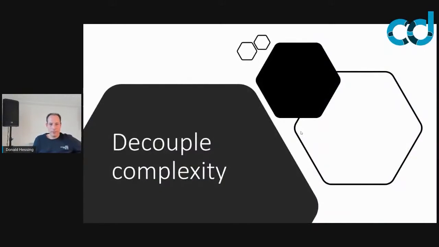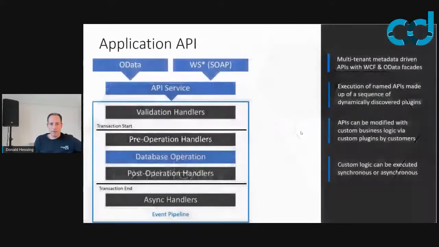So how can we decouple the complexity? What we want to do in an enterprise scale application is not to have the business logic in the front end, but have that sitting within a service, so that if I build, let's say, a mobile client or another client, it sits within that pipeline. So it goes through my business layer and then to the data layer. And the way you can extend that with the Common Data Service is at a variety of hooks.